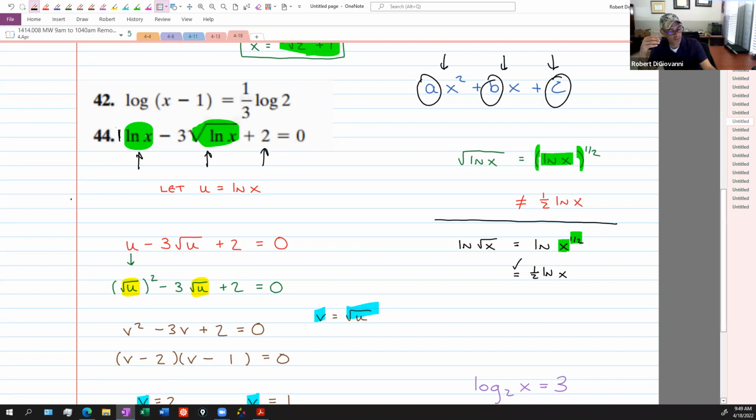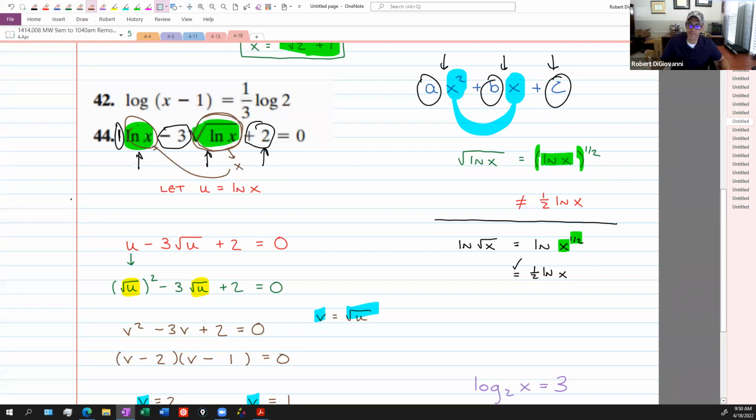So we have a 1 in front of here, we got a -3 here, and we got a 2 by itself. And then here's the big thing. Whatever this x is, this is that thing squared. So if we look at this, this right here is being kind of like the x. If we square that, we get this, right? If you square that square root, you get that.